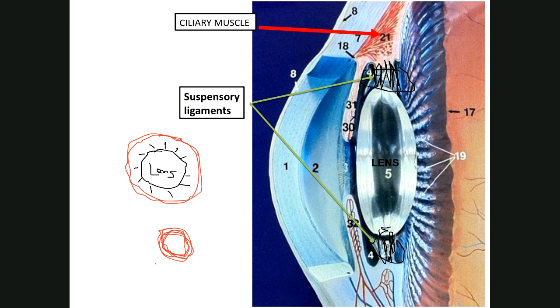When a muscle relaxes, the inside diameter gets bigger. So remember, the lens is suspended inside this muscle. So when the muscle contracts, the tension on the lens goes down. There's less tension, less pulling, less stretching. But when this relaxes, because it's going to open up wider, the tension on the lens is going to go up.